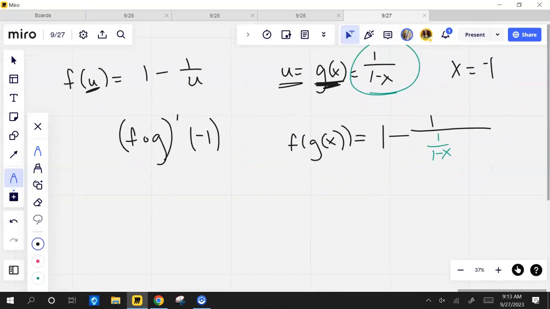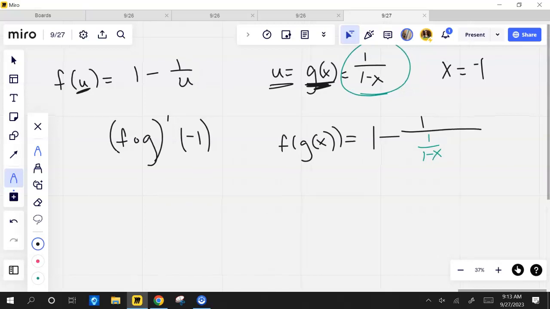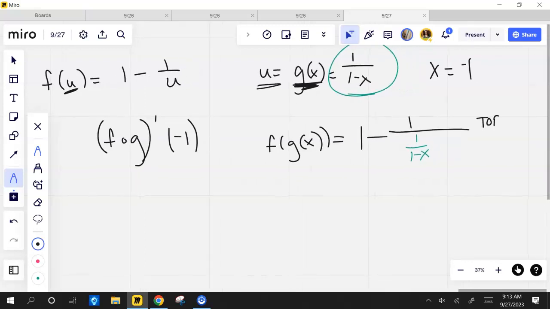Okay. So I've got a complex fraction, right? When I have a fraction and a fraction, I do top times the flip of the bottom. You can't plug in the -1 until you find the derivative. You got to find the derivative first.